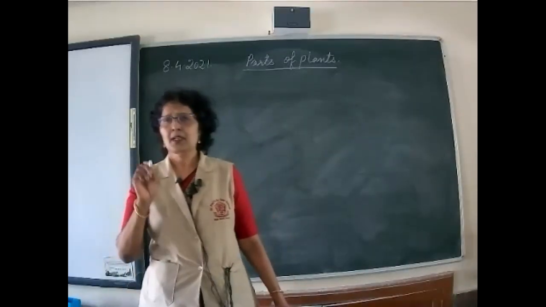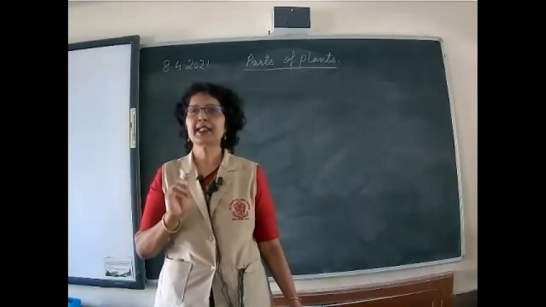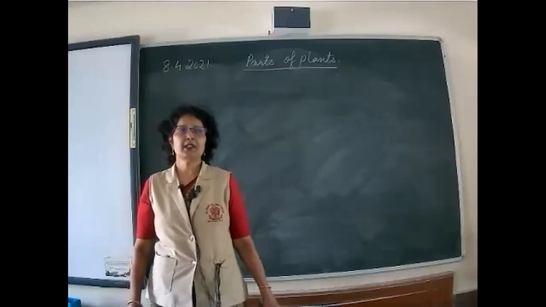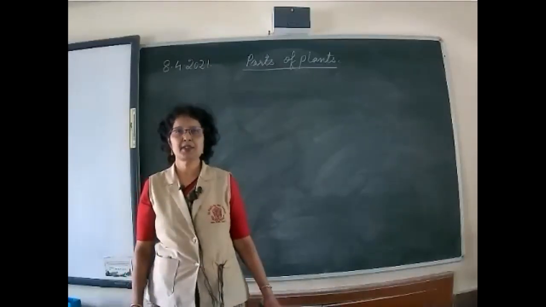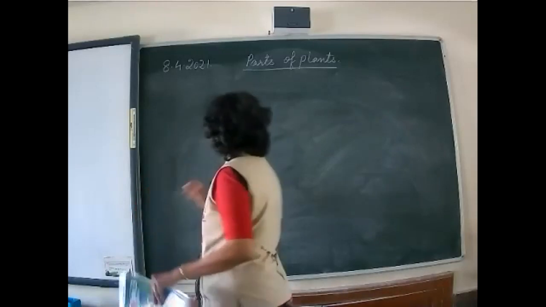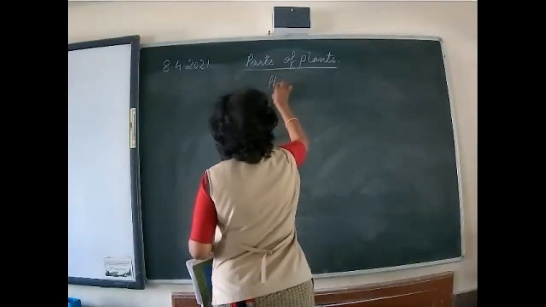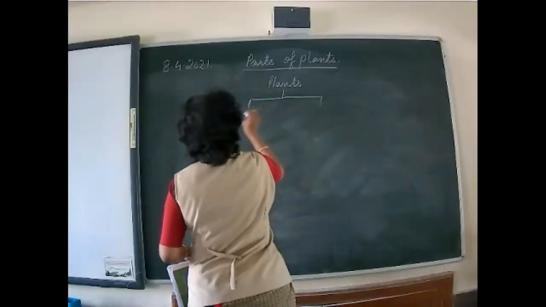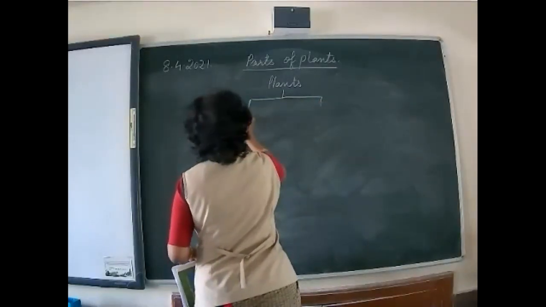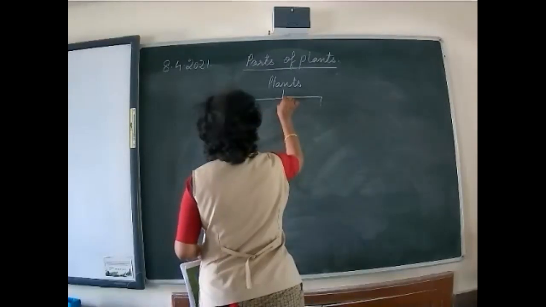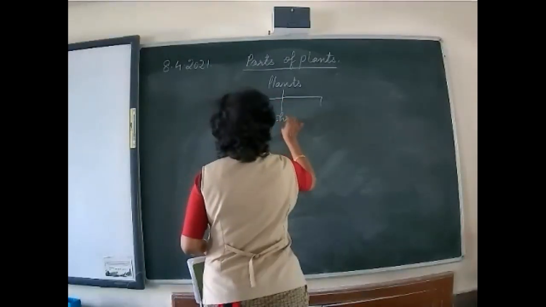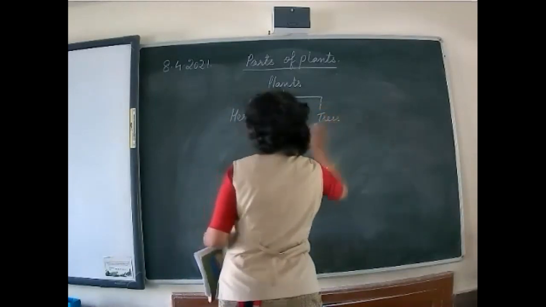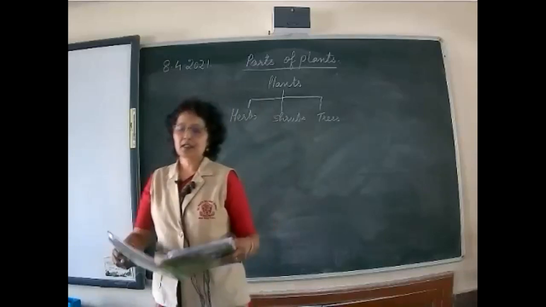Yesterday, before winding up, I had told you that plants are divided into 3: herbs, shrubs, and trees. So we can say plants can be put into 3 categories: herbs, shrubs, and trees.